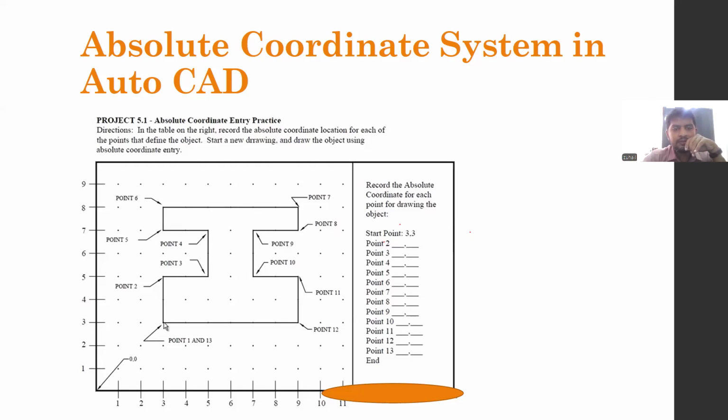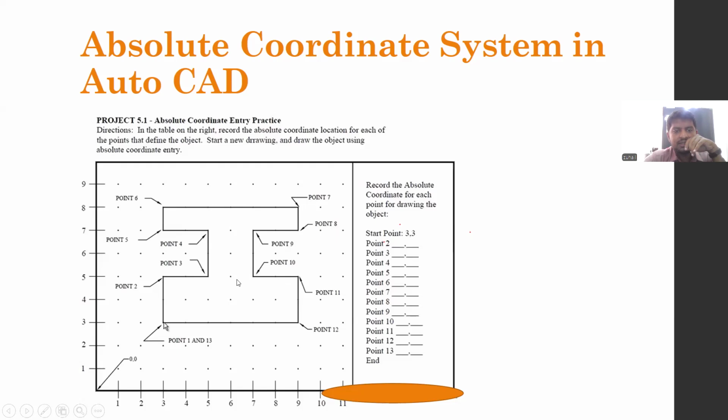So for the absolute coordinate system, this is the task I am going to do for you. See, if you want to draw this kind of drawing, you have to do some work.